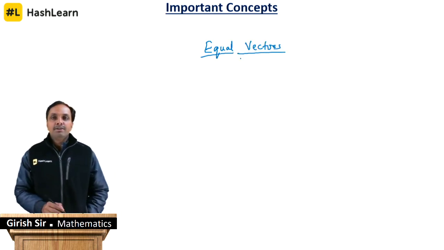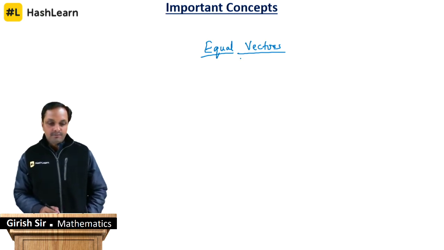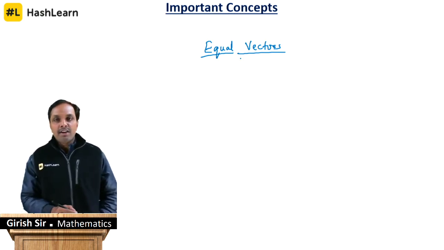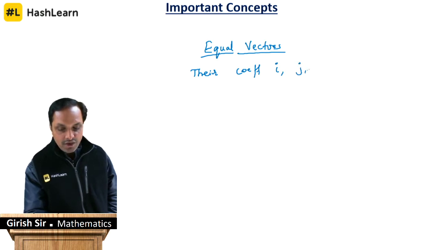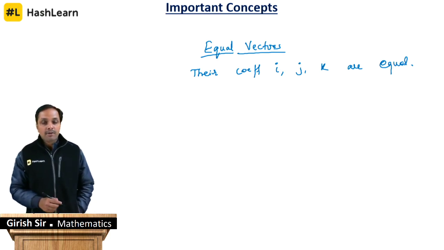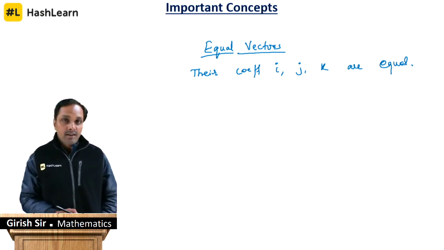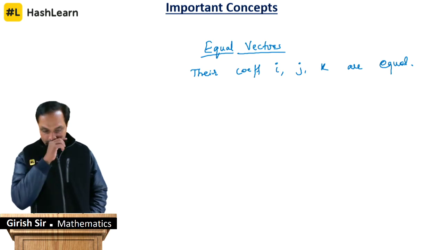When you say two vectors are equal, you will say two vectors are equal when their coefficients of i, j, k are equal. Equal vectors: coefficients of i, j, k are equal.